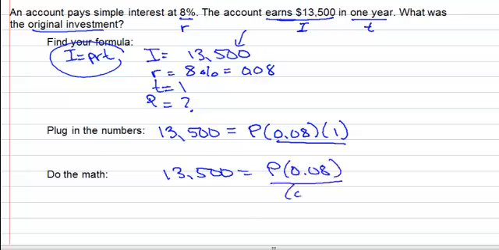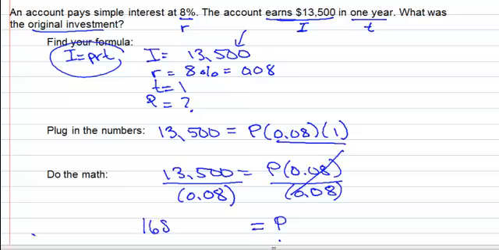Principal and rate are being multiplied, so we divide. Divide on one side, you have to divide on both sides. And then we simply do that division problem. And when we divide that out, that is what we get.